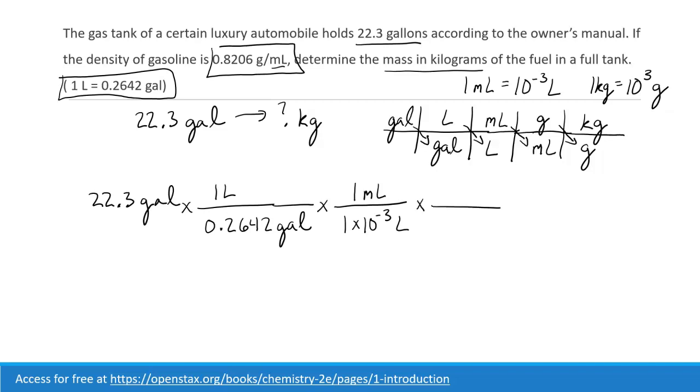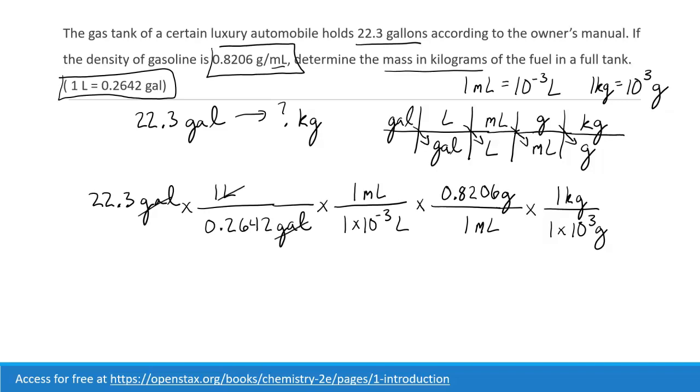The next conversion is from milliliters to grams, so we're going to use that density of gasoline. 0.8206 grams on the top, 1 milliliter on the bottom. And our last step from grams to kilograms, 1 kilogram on top for every 1 times 10 to the third grams on the bottom.